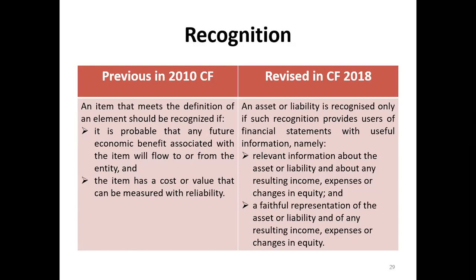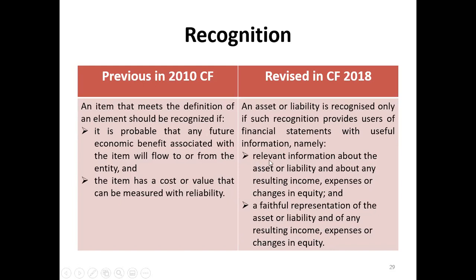If we look at 2018, the recognition criteria say that a particular asset, liability, income, expense, and equity must be recognized only if it provides relevant information about the asset, liability, and about the resulting income, expenses, and equity, and also a faithful representation of the asset or liability and of any resulting income, expense, and the change in equity.